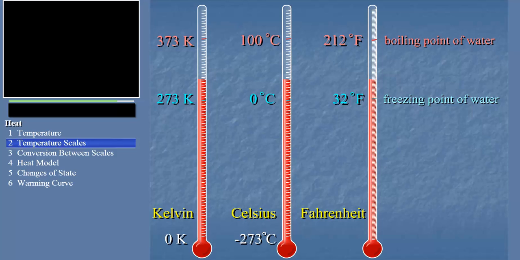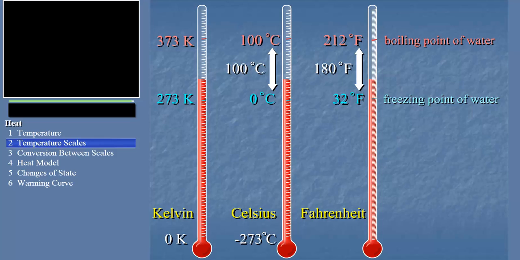The size of the Fahrenheit degree is then determined by the difference between these 2 points. Now 212 minus 32 is 180. So there are 180 degrees Fahrenheit between the freezing point of water and the boiling point. As you can see then, the degree Fahrenheit is smaller in size than the degree Celsius or the Kelvin degree.